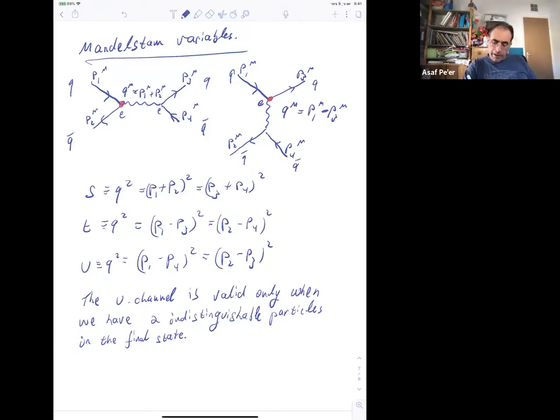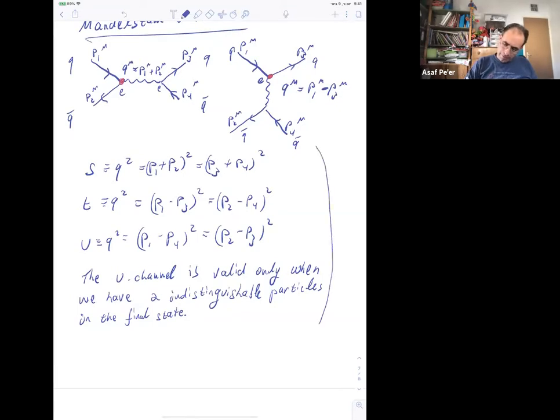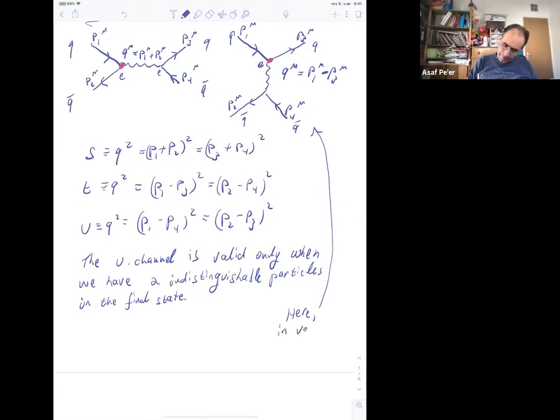So in this example that we have here, when we have a T channel, each vertex connects only a quark with a quark, or an anti-quark with an anti-quark. So a U channel is not relevant here. There's no such thing as a U channel here.